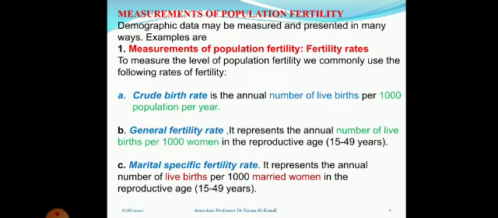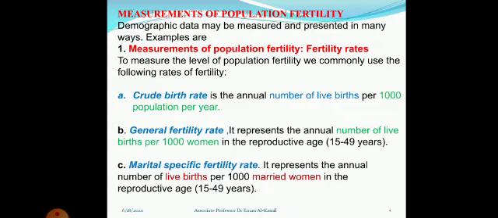To be more specific, in some countries they use the marital specific fertility rate. It represents the number of annual live births, how many live births are born each year, divided by married women in the reproductive age group, multiplied by 1,000.